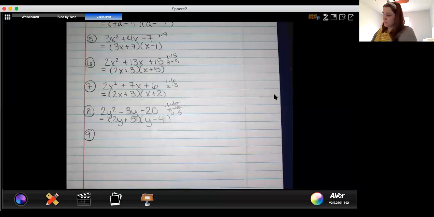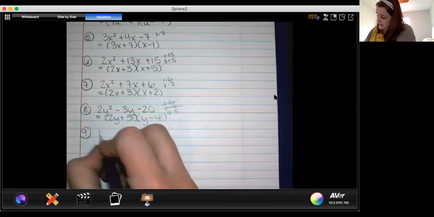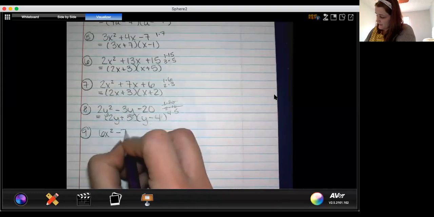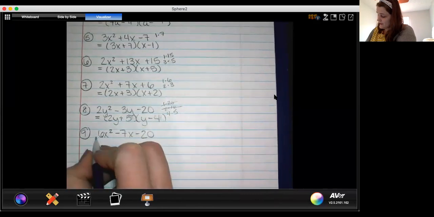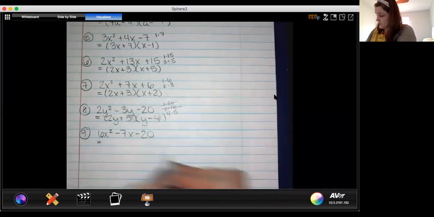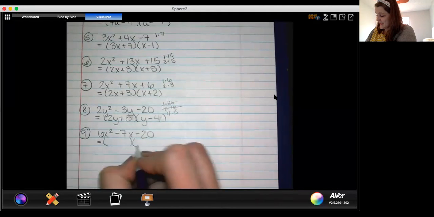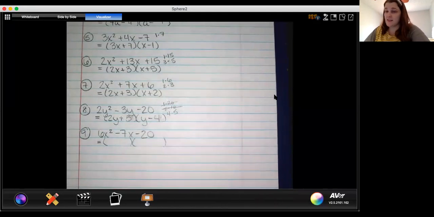Okay, let's look at number 9. 6x squared minus 7x minus 20. Is there a GCF? No. But can I automatically say that 6x and x is my option for setting up my binomials?